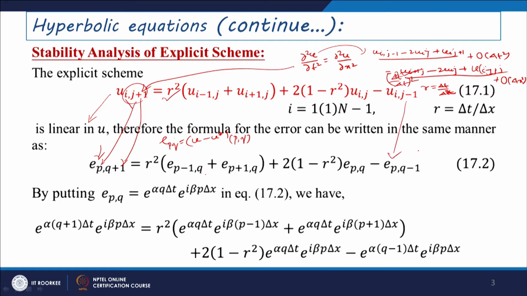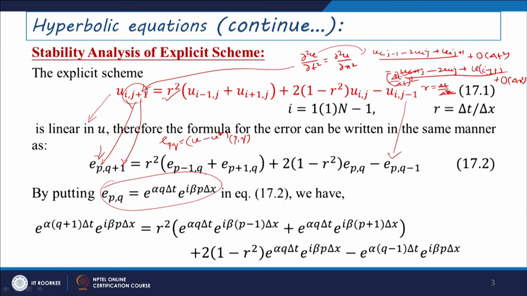And we replace e of p q in the form e to the power alpha q del t e to the power i beta p delta x. We have already explained these things in the previous lecture for parabolic and elliptic equations, so here we directly write this error term in terms of exponential powers.